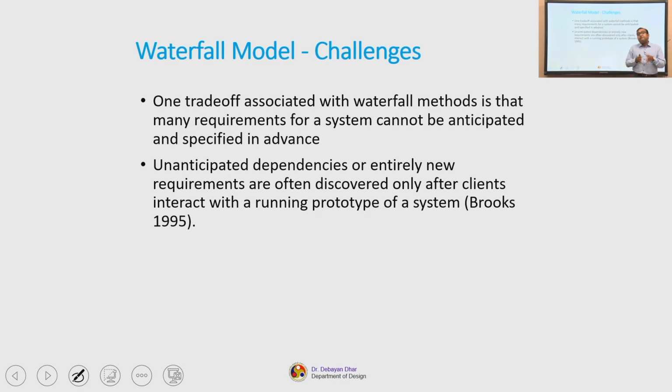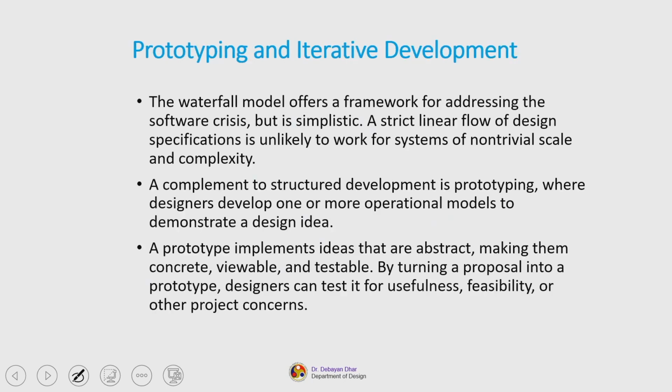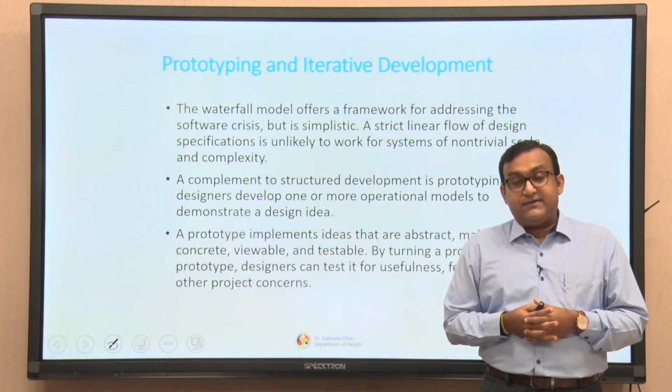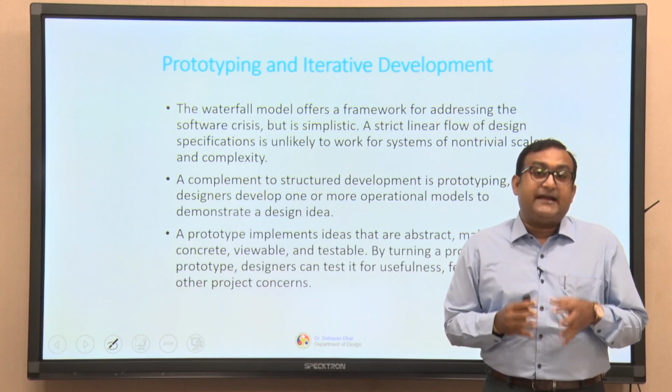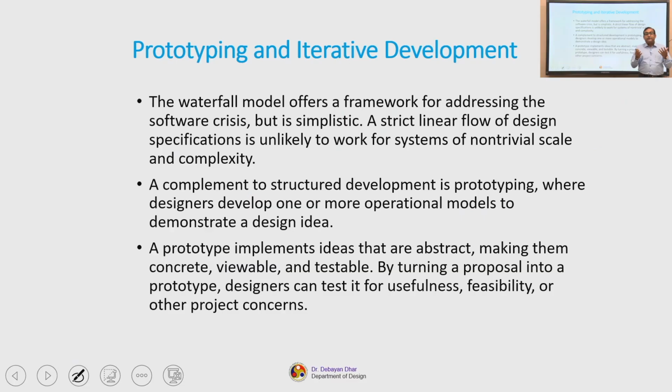Therefore, this became one of the major challenges of using the waterfall model. The waterfall model offers a framework for addressing the software crisis, but it is simplistic. It cannot handle the challenges of modeling complex systems, and moreover, an issue arising at the initial stage could only be handled after you complete the entire process and the testing results are out.